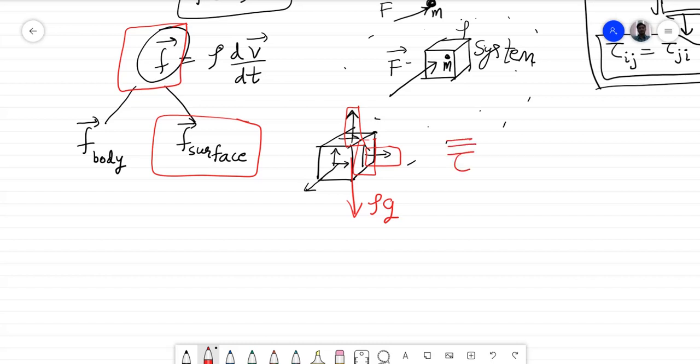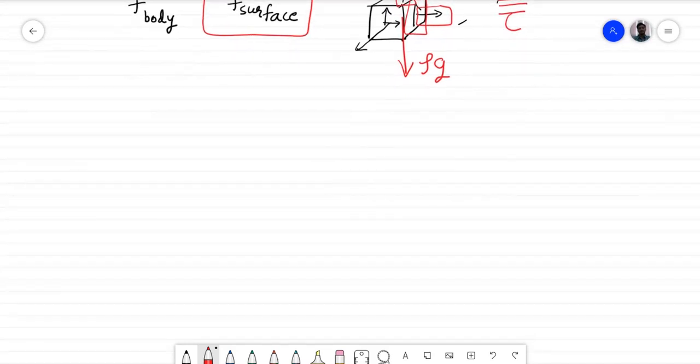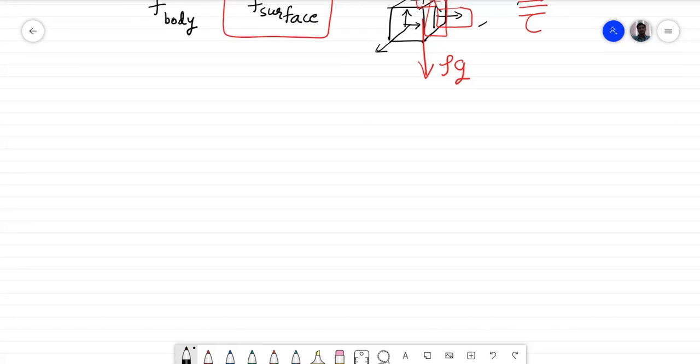We'll see that later on. Now let us take a control volume approach and see what these forces are and how the entire equation looks. Let us draw a control volume similar to what we did for deriving the continuity equation.